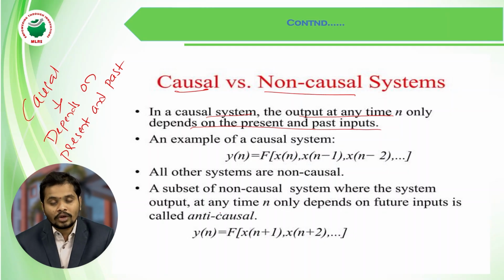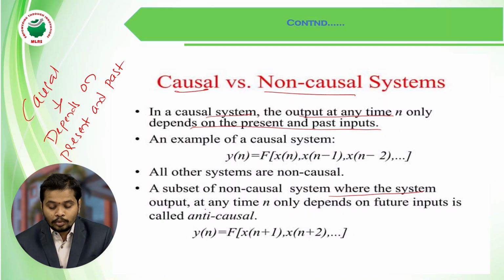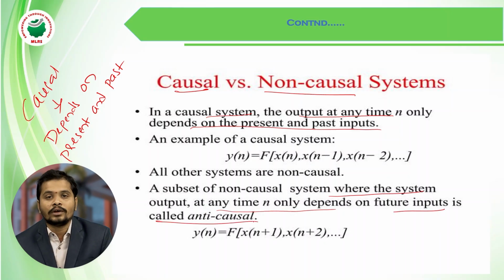Coming to the non-causal, a subset system will also be there. A system whose output at any time depends only on the future inputs is called anti-causal.